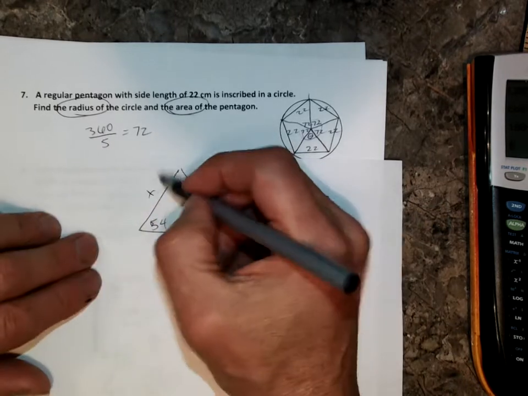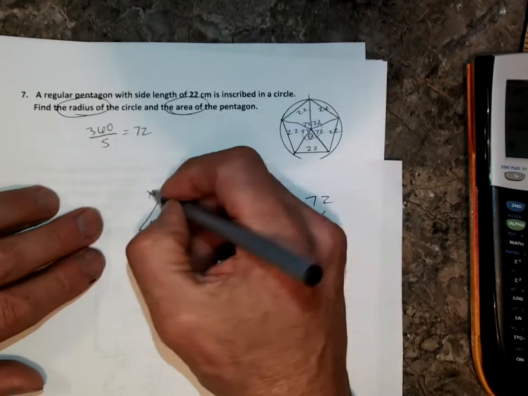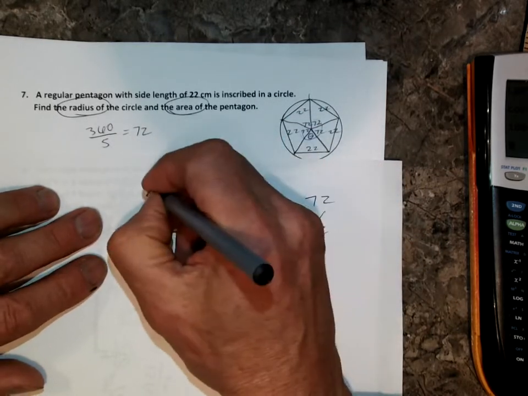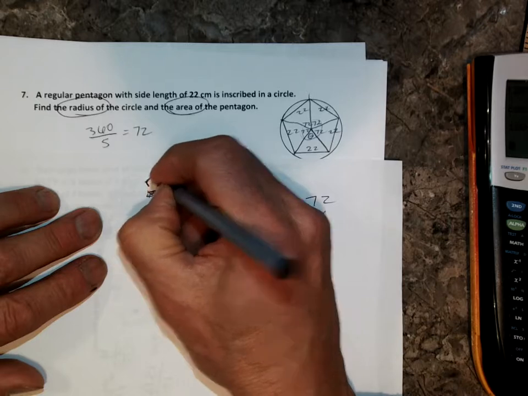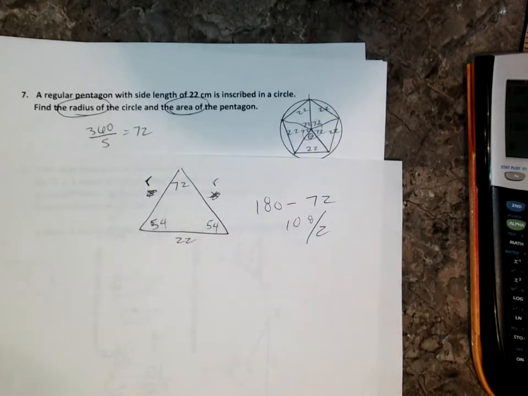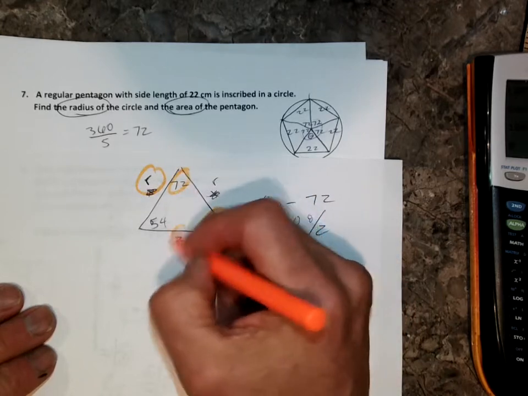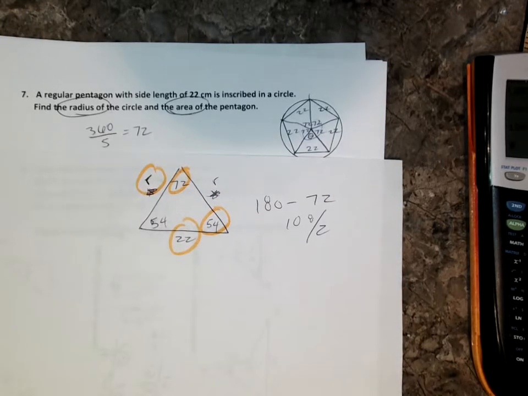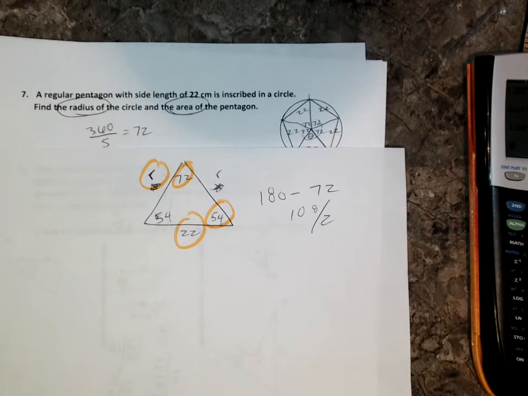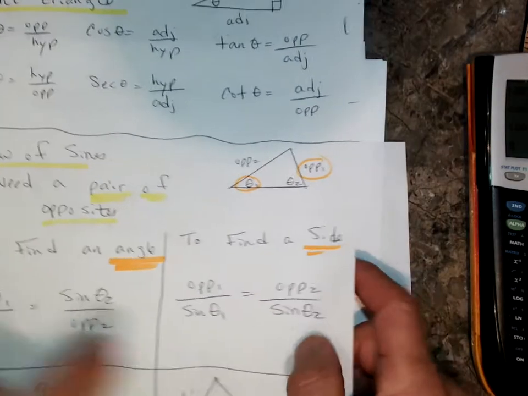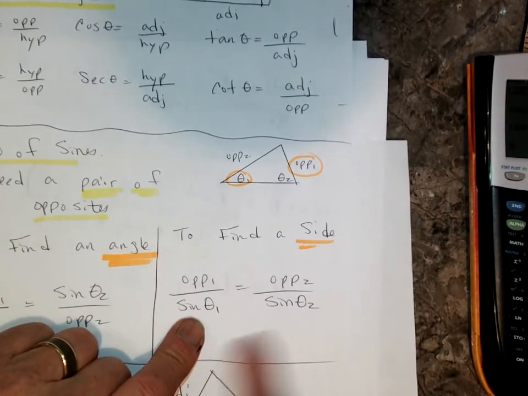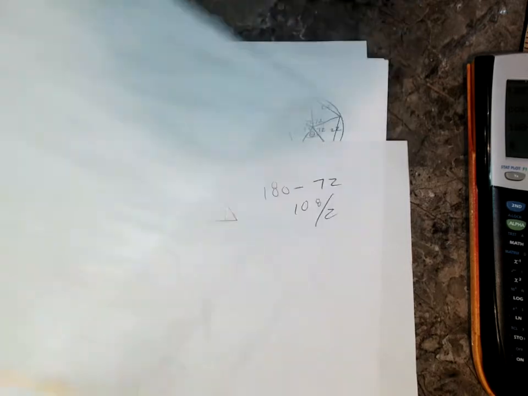So let's check it out. If I want to find x, or the radius, let's just call it r. R for radius. Okay, r and r. How about a pair of opposites? Well, I've got opposite, opposite, opposite, opposite, right? So if I have a pair of opposites, I need to find a side. I'm going to use a lot of sines.